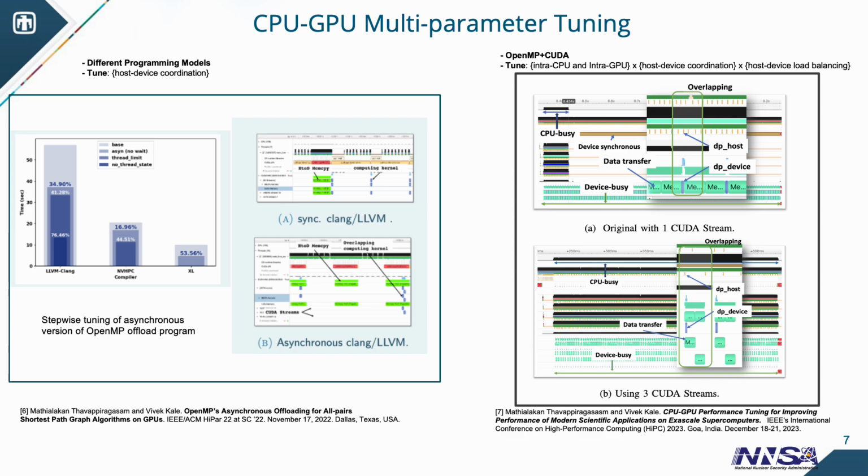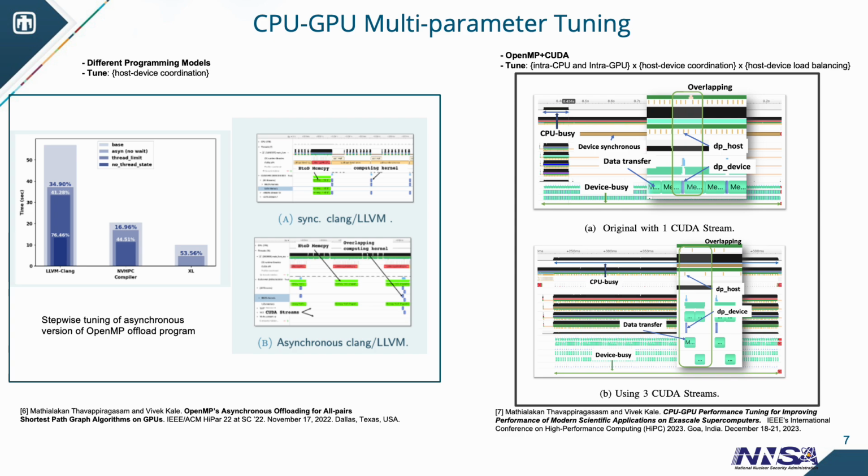Now, more recently, we've focused in on OpenMP plus CUDA, but doing this multi-parameter tuning. We did specifically a tuning of intra-CPU and intra-GPU parallelism, and then we also revisited the host device coordination parameters, and then we did a tuning of the work partitioning across the CPU and GPU.